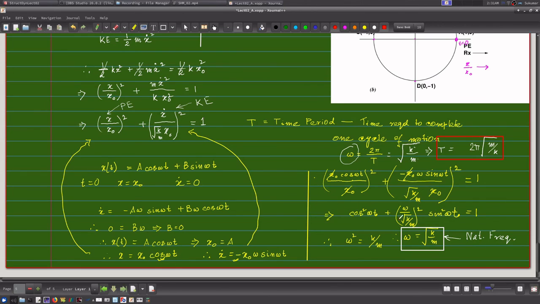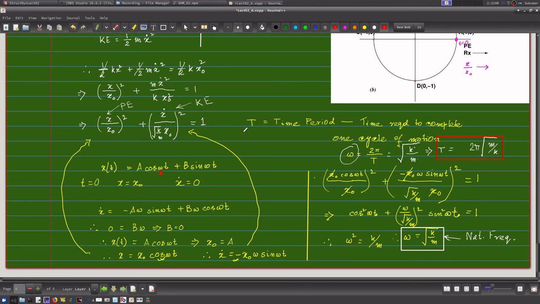So finding natural frequency is one of the very important tasks of finding the dynamic properties of a system. That is the first dynamic property that we must know to analyze this system, because my motion is dependent on this natural frequency omega.